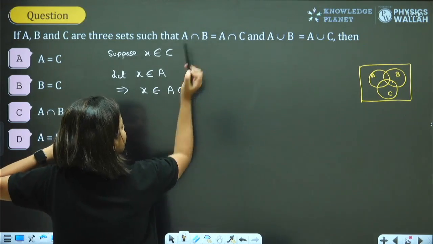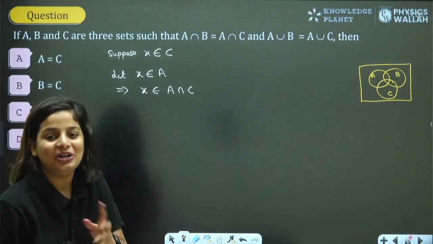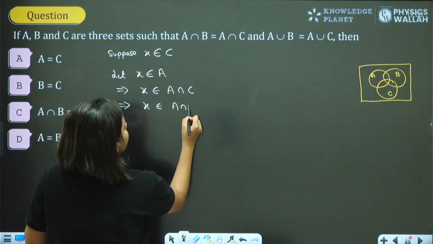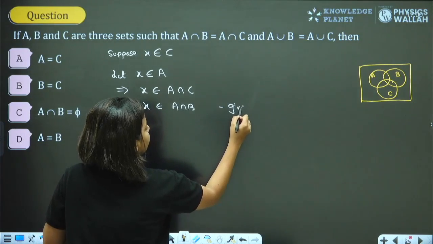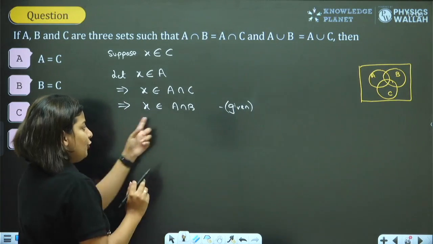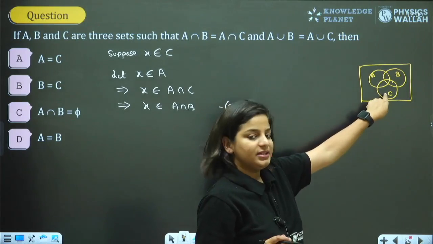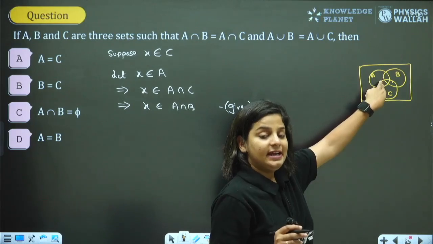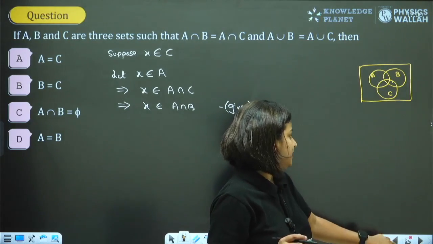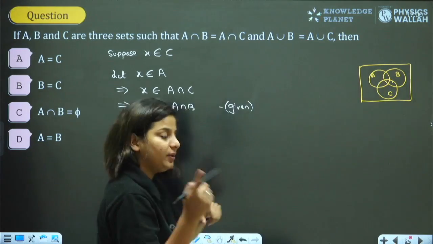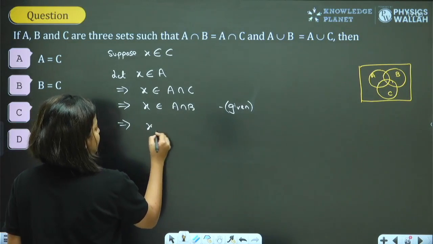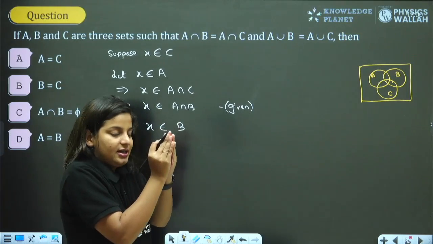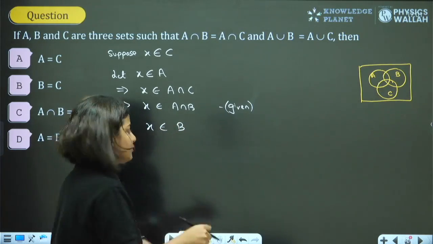Now what is A intersection C equal to? A intersection C is equal to A intersection B. So can I also say X belongs to A intersection B, given? But now I said A intersection B is also equal to A intersection C. That means that element also belongs to B, which implies X will also belong to B. If any element belongs to its intersection, then it will belong to that particular set also.